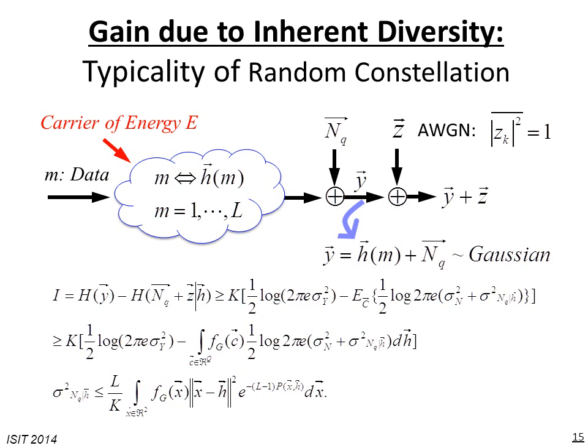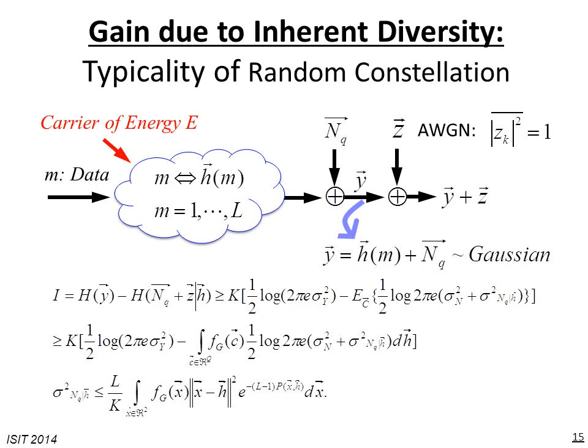Select another realization of this constellation with the same feature, compute the capacity, and do this many times and compute the expected value over the realization of such constellation, which is in that term, expected value over C. The first line is essentially the expression we get.